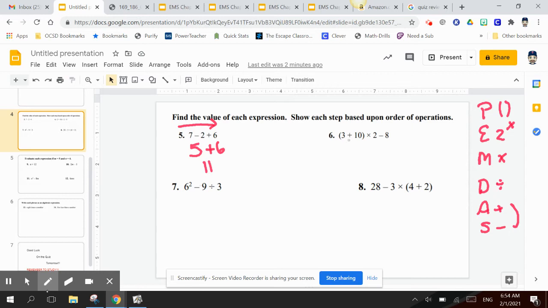Number 6, the quantity of 3 plus 10 times 2 minus 8. Again, I do my parentheses. That's my check mark. So parentheses first. 3 plus 10 is 13. I then rewrite my problem.